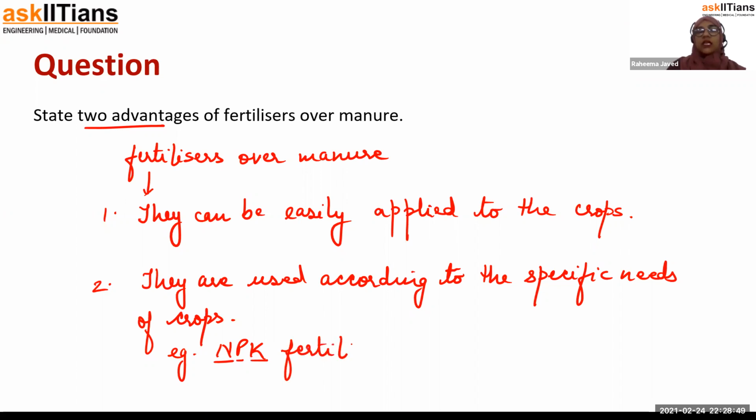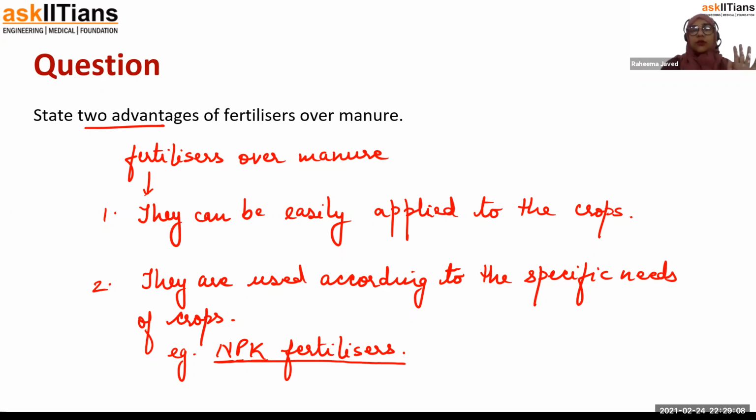These are known as NPK fertilizers. N is for nitrogen, P is for phosphorus, and K is for potassium. So these specific elements are only applied to the crops. This is only possible with the fertilizers, not with the manure.